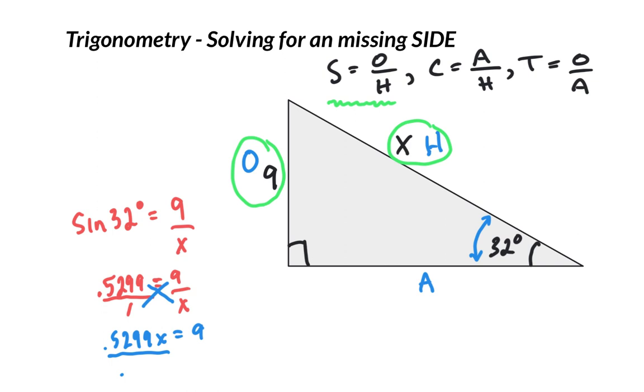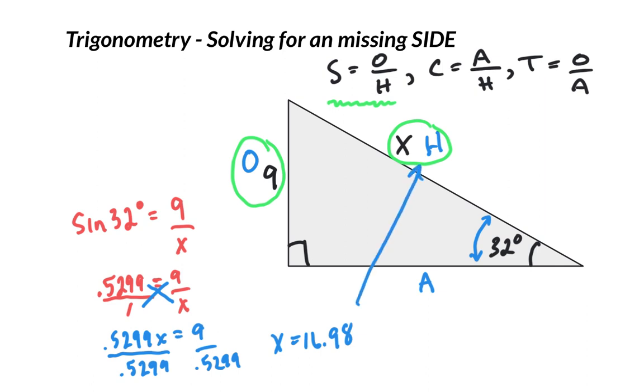Divide both sides by 0.5299. All of these problems are going to have you cross multiply, and sometimes you'll end up with a final step where you have to divide, and other times it'll come out correct right away. This comes out to be 16.98. So that is my hypotenuse.